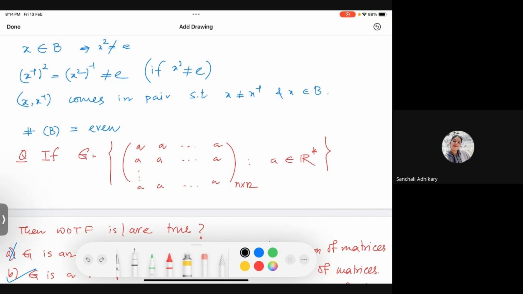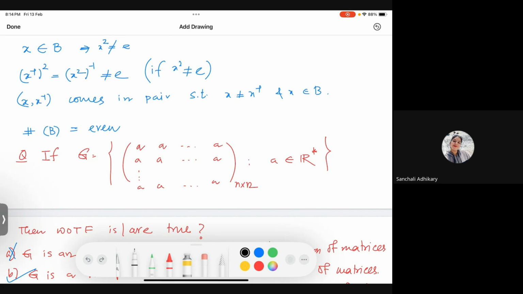But the matrix of all ones is not the identity element of this group, because it does not belong to G. And second, this G is not a group with respect to matrix addition. Why?